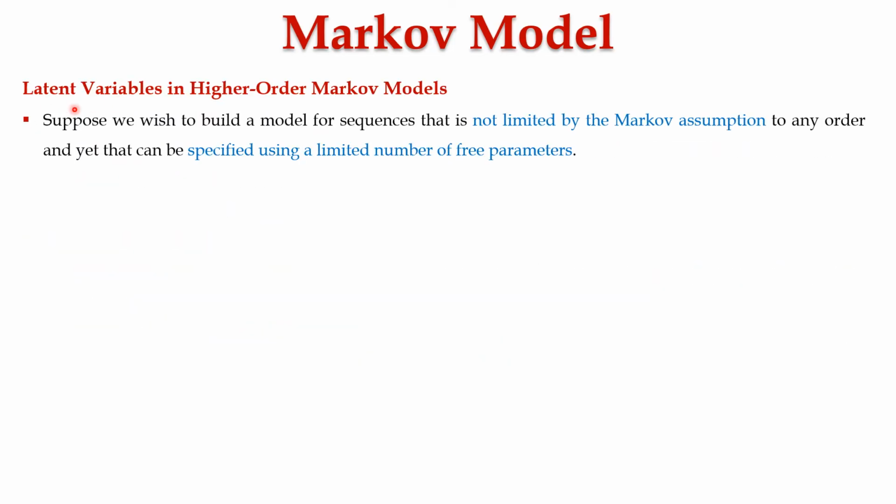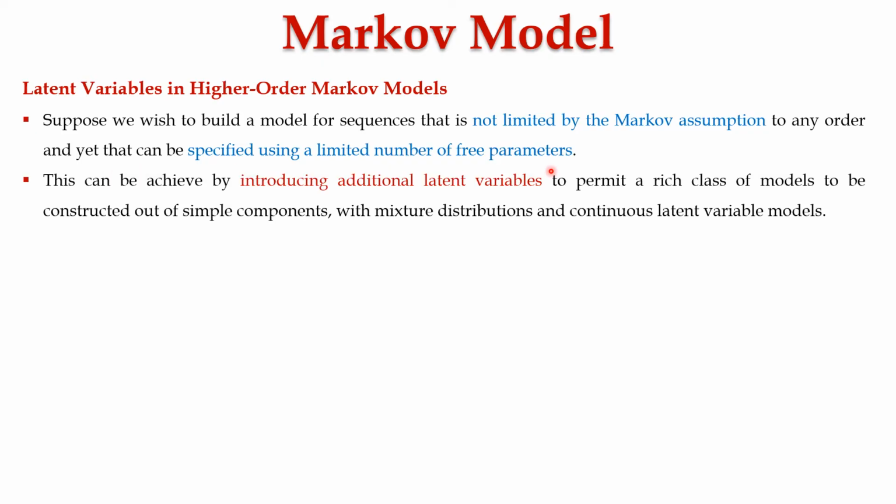Now let's learn about latent variables and higher order Markov models. Suppose we wish to build a model for sequences that is not limited by the Markov assumption to any order, and yet that can be specified using a limited number of free parameters.